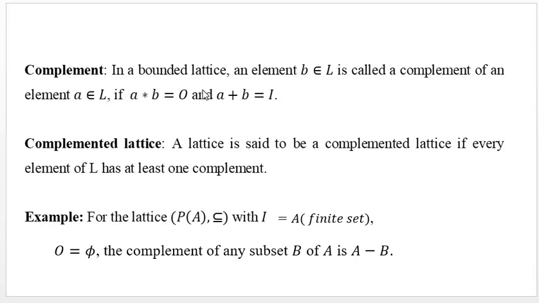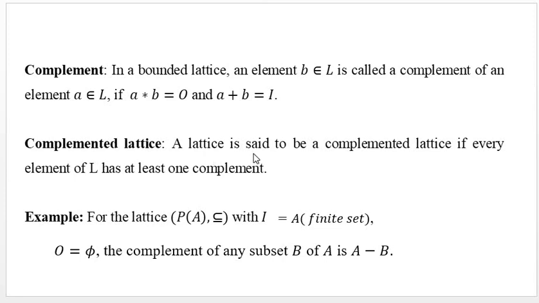Complement of an element in a lattice. In a bounded lattice, an element B element of L is called a complement of an element A in L if A star B equal to 0 and A plus B equal to 1. Complemented lattice.